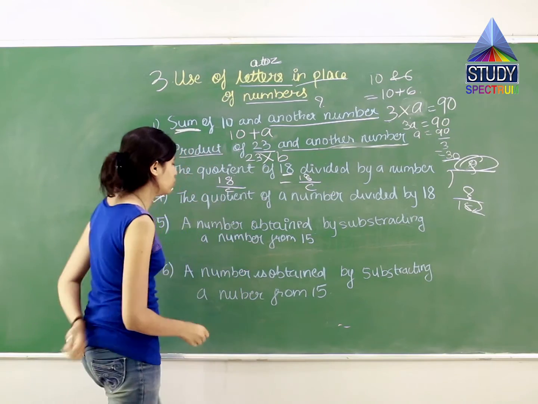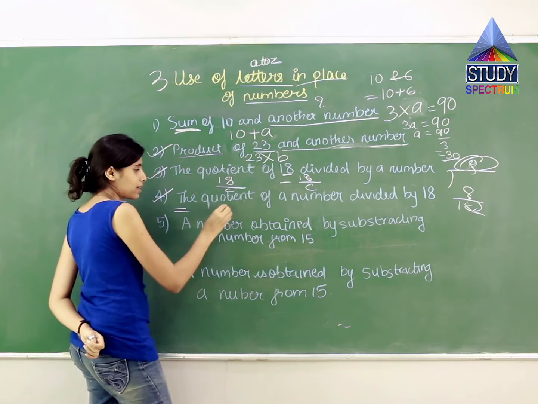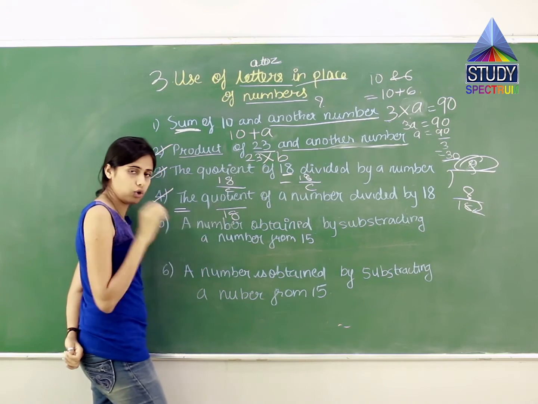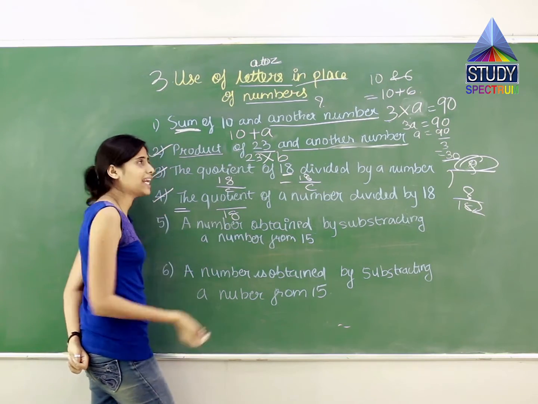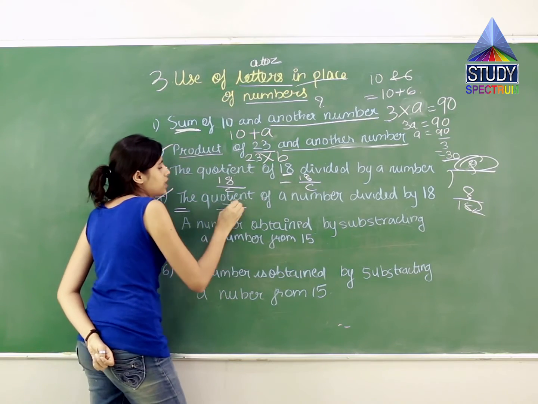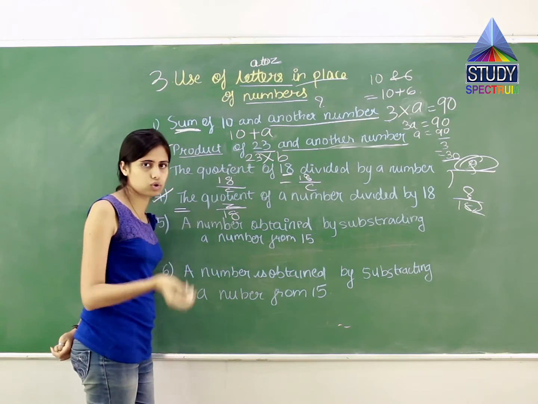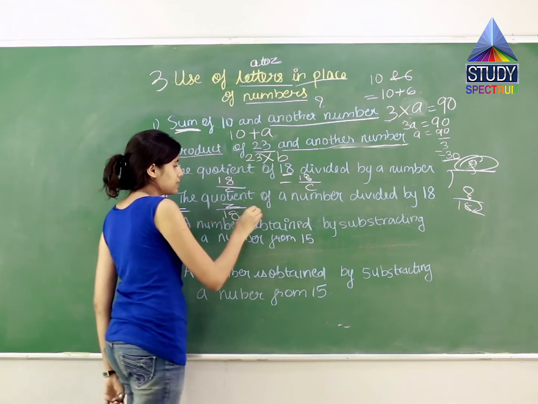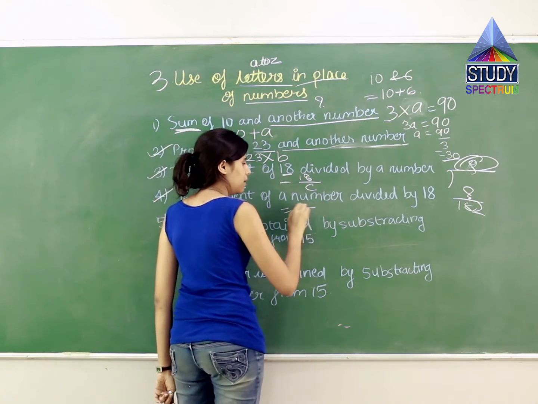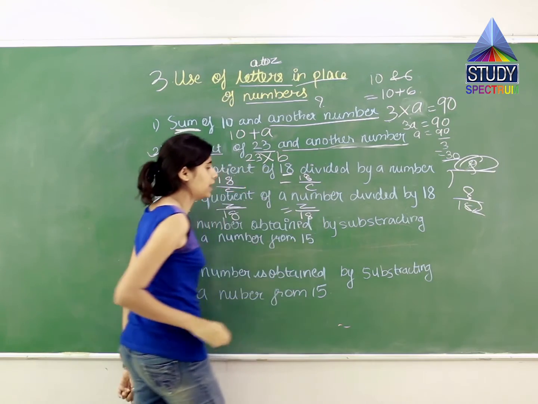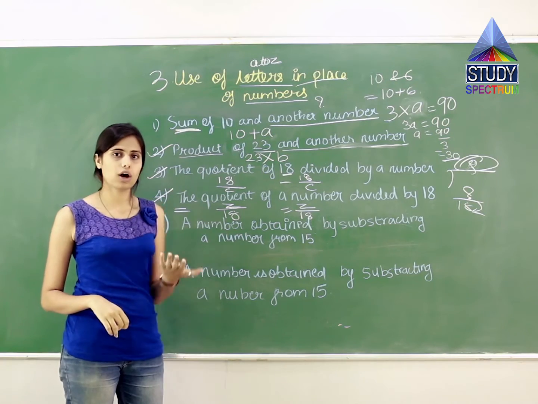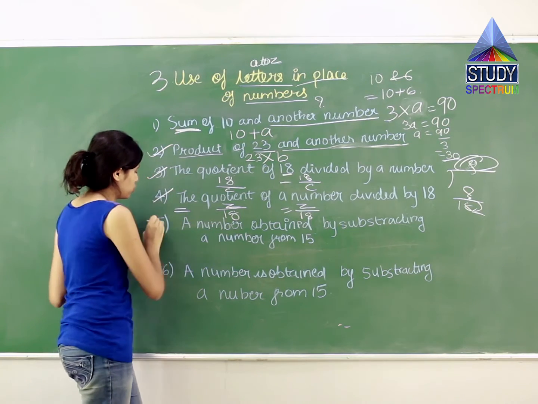So now we will write 18 in the denominator, and in the numerator we will write any alphabet from A to Z. Suppose Z. Why use A, B, C and leave the Z at the end? So we will use Z. So it is Z by 18. It does not make any difference which letter you use. It is your wish.